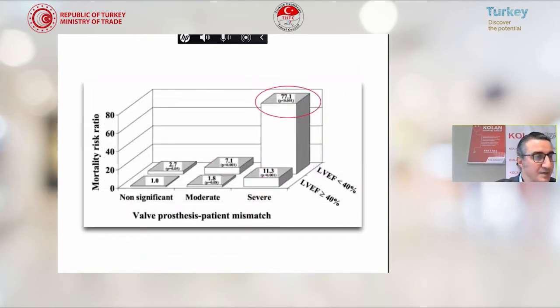Here you see the relative risk of short-term mortality according to patient-prosthesis mismatch and postoperative left ventricular ejection fraction. The mortality risk reached 77-fold when the patient's ejection fraction was less than 40%.